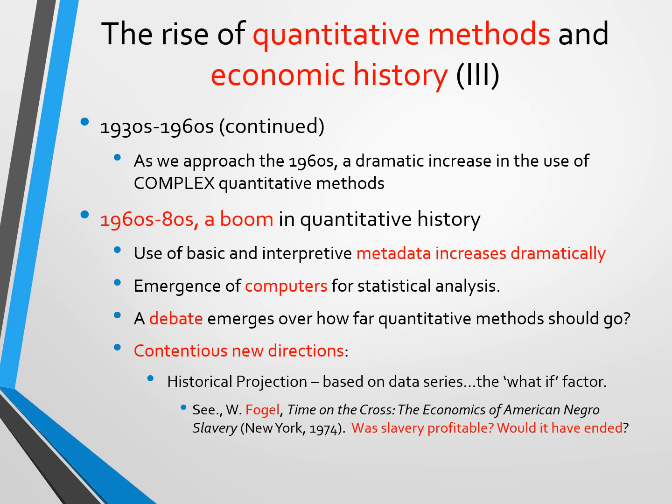Now, the introduction of computing into history and other social sciences, of course, creates a really rapid transformation in the 1960s. And I'd stress here that this isn't just in economic history or history, but also in other social sciences.